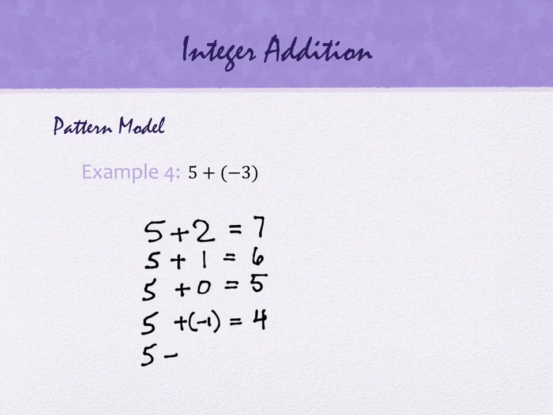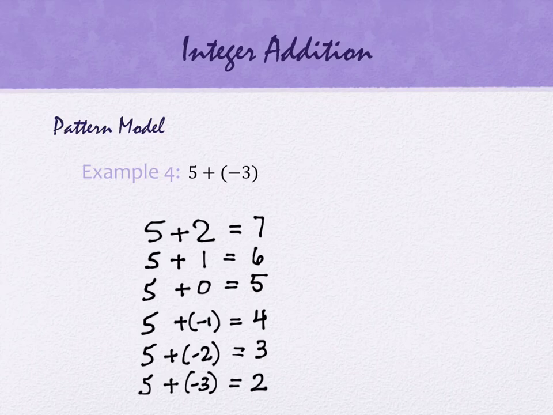The next one, 5 plus -2. Again, the pattern says that I should go down 1 from 5 to 4 to 3. And the last one, which is actually my problem, 5 plus -3, says I should go down 1 from 5, 4, 3 and land at 2.